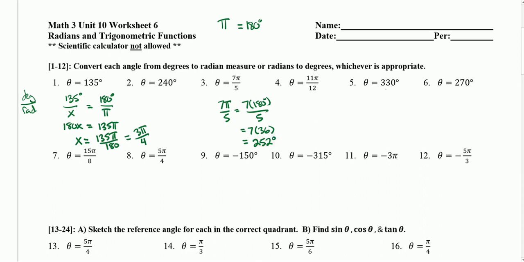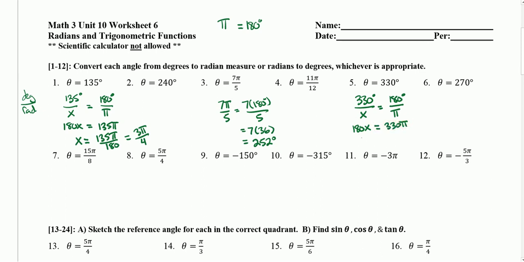Number 5, we have 330 degrees. We want to convert that to radians. We know that 180 degrees is going to equal pi radians. And so if I cross multiply here, I get 180x is 330 pi.